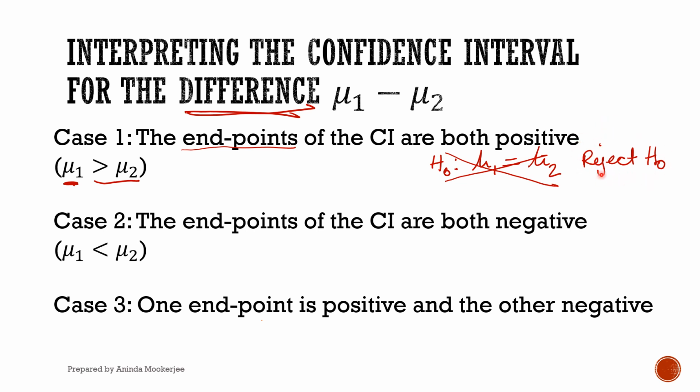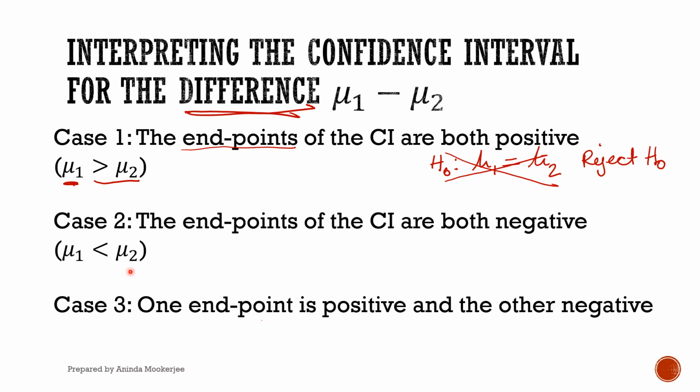If the decision from our hypothesis test was a reject, then the endpoints of the confidence interval should both have the same sign. It could be positive or it could be negative. In case 2, if the endpoints of the confidence interval are both negative, that means mu sub 1 is less than mu sub 2.